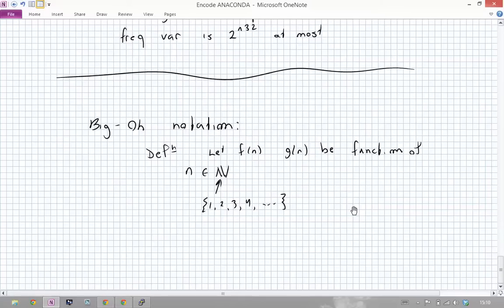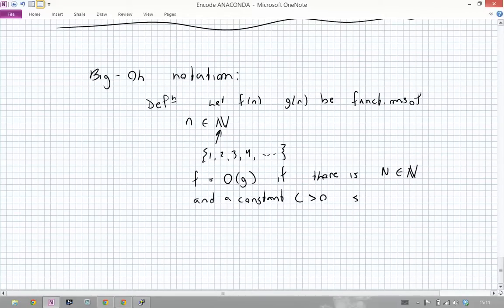So we're going to let f and g of n be functions of natural numbers, and we will say that f is big O of g if there is a natural number, a capital N in the natural numbers, and a constant C positive such that the absolute value of f of n is less than C times the absolute value of g of n whenever n is bigger than big N. And we actually use the equality sign.